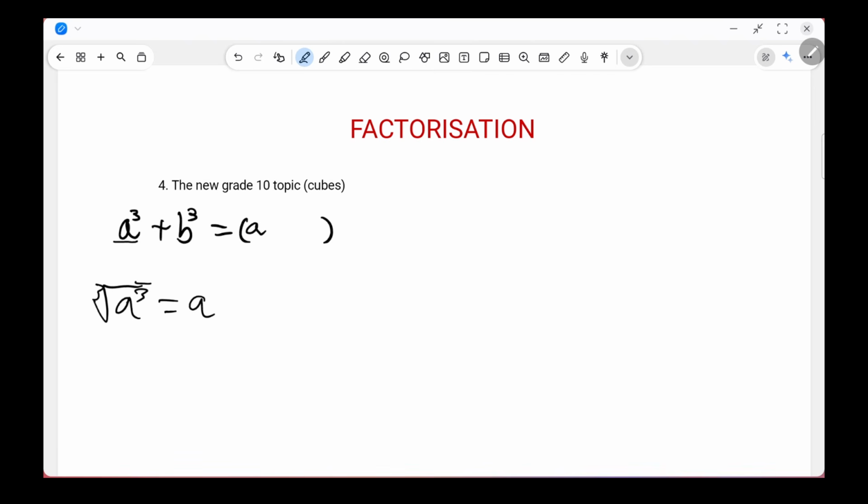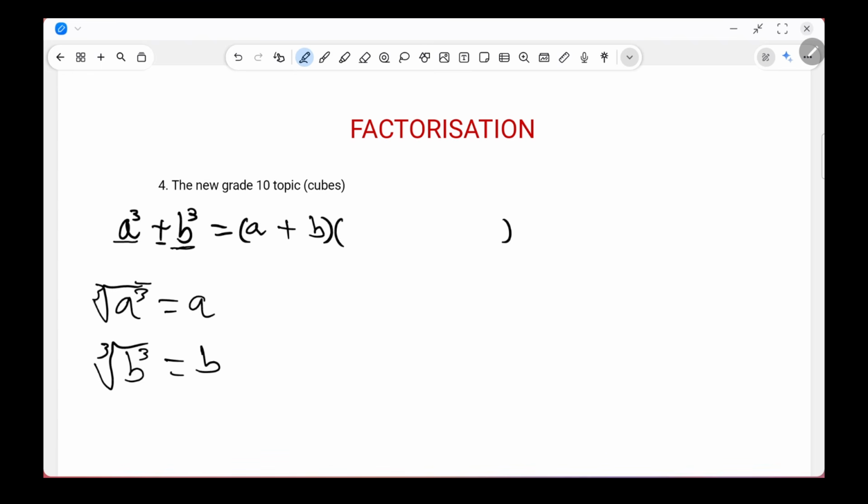Then we look at the cube root of b cubed, which is b. And then we always keep the sign the same. Then we will open a big bracket.